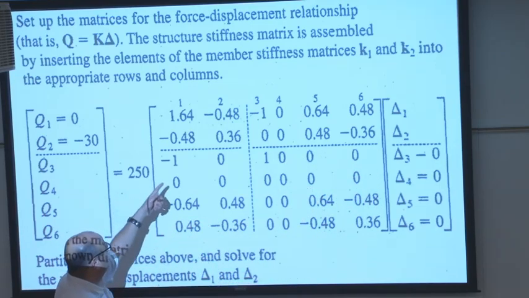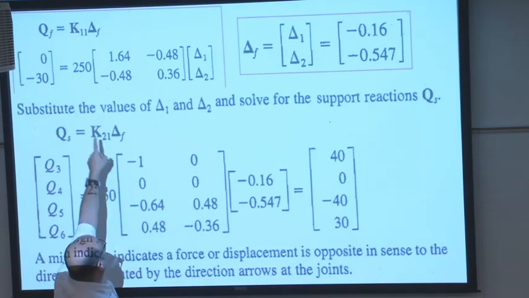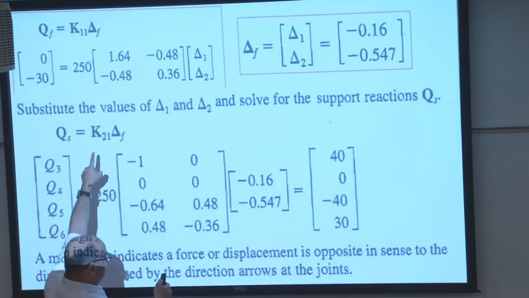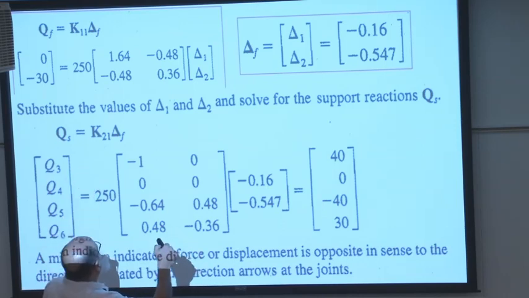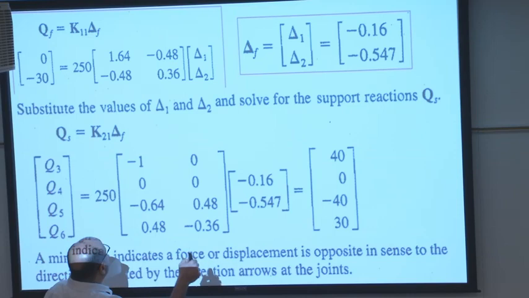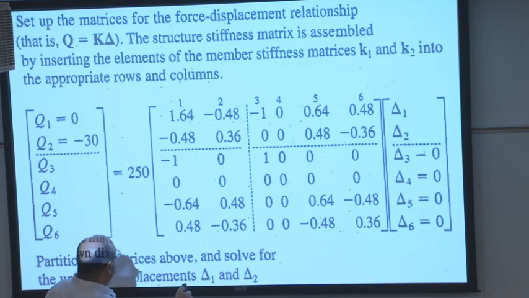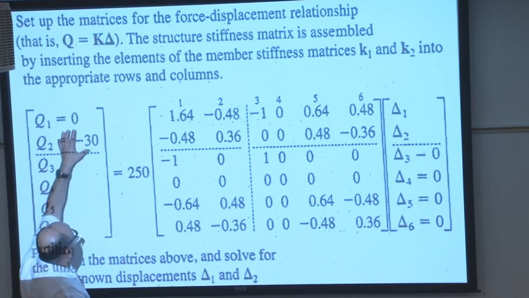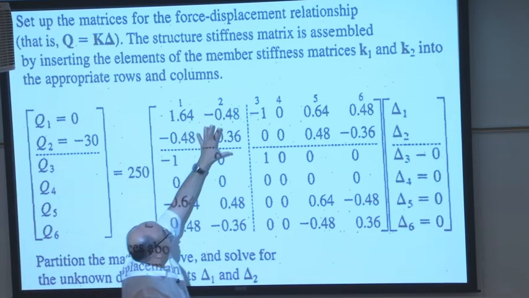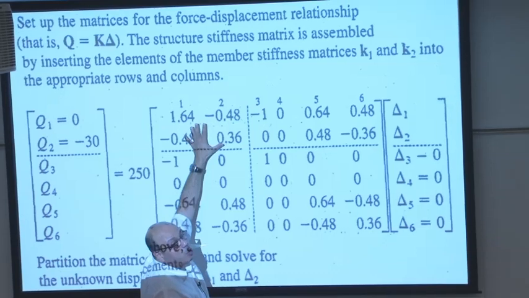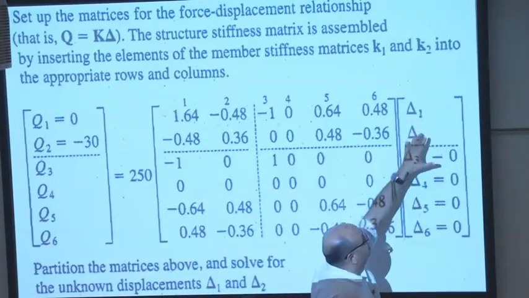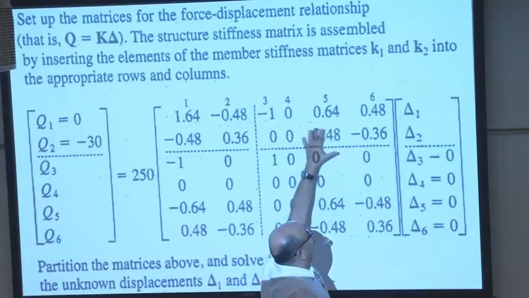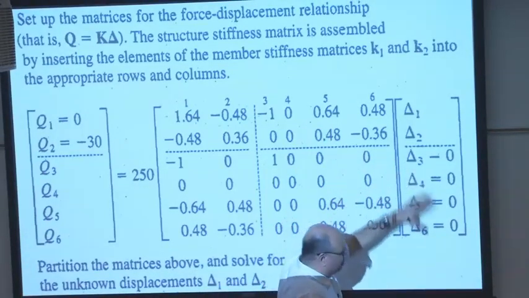So let's see what we're getting. Here we go. We isolated that part, which is, as you can see right here, this is the K, and this is 0 and 30, and this is delta 1 and delta 2. Let's get back and see whether we got it right or not. Here we go. 0 and 30, and then this is what we now call K1,1, multiplied by this displacement, and then this is K1,2 times zeros.